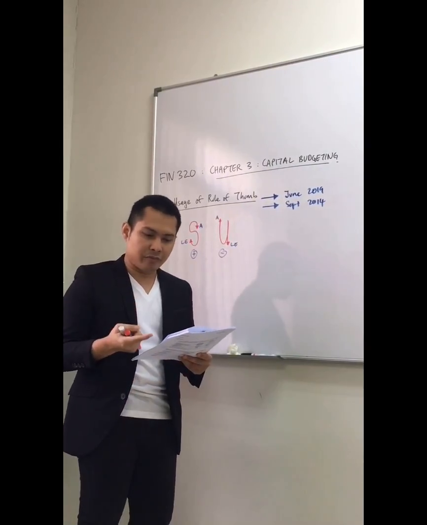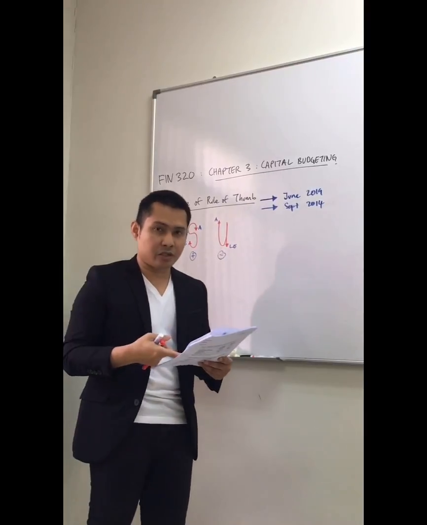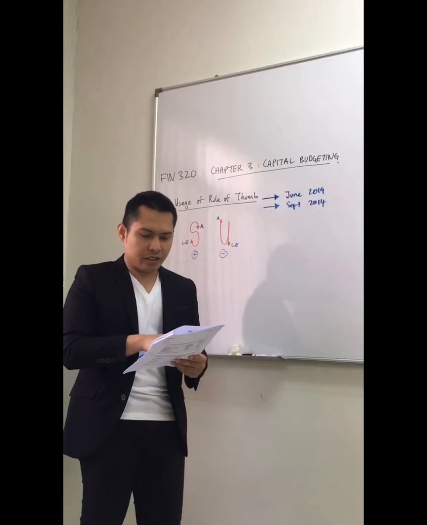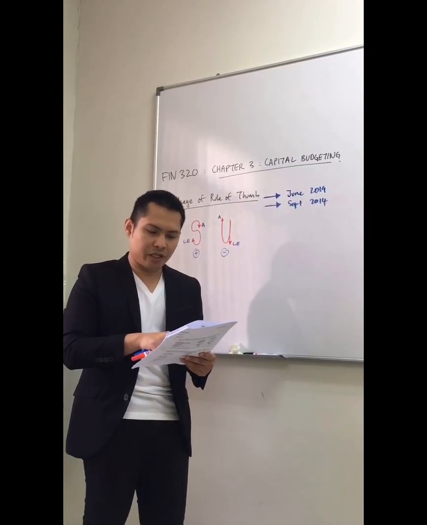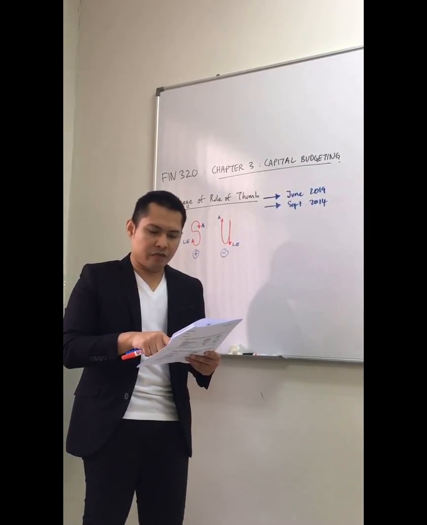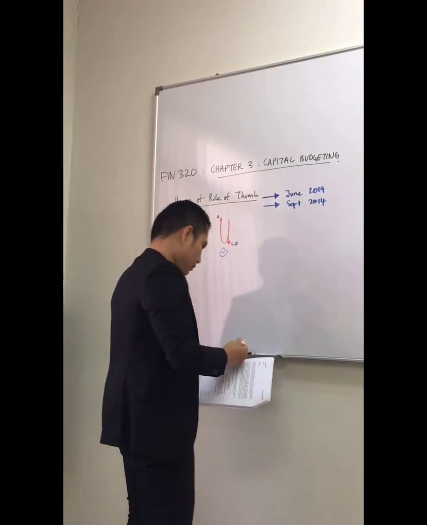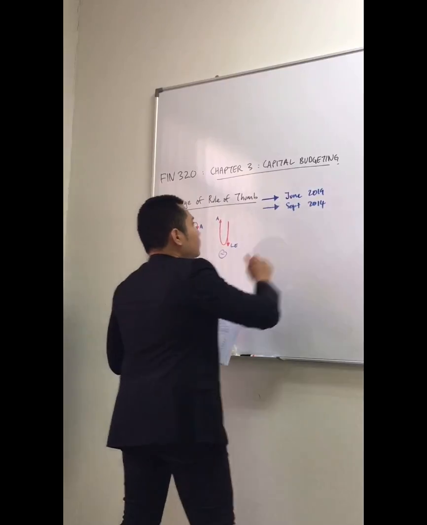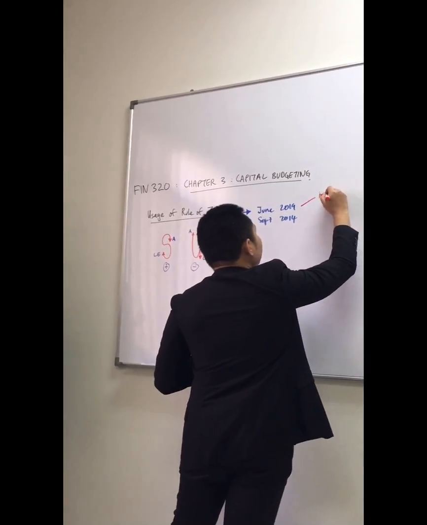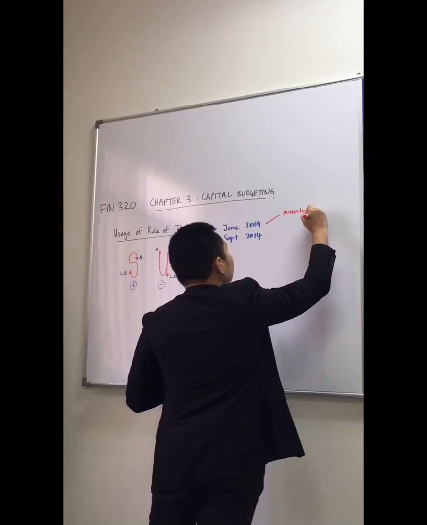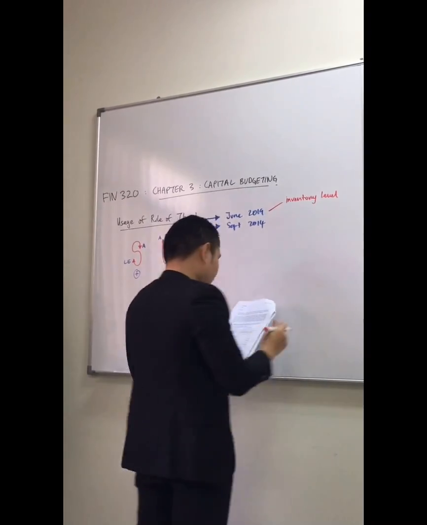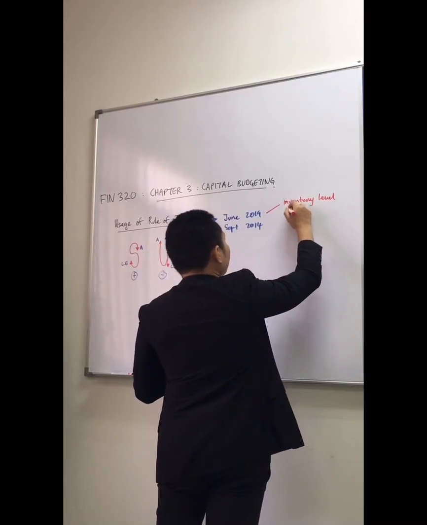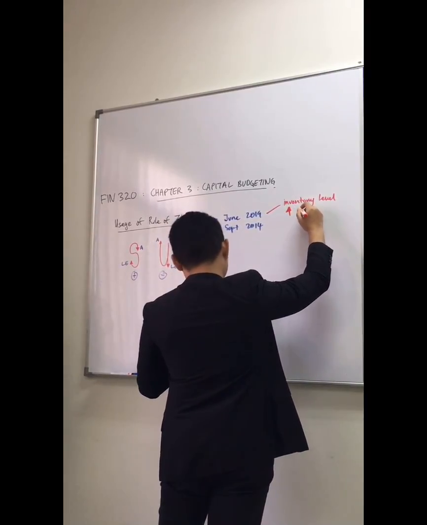If you refer back to your June 2019 past year question, there's one paragraph where it says the new machine would increase operating capacity, which means the inventory level would increase by 25,000.